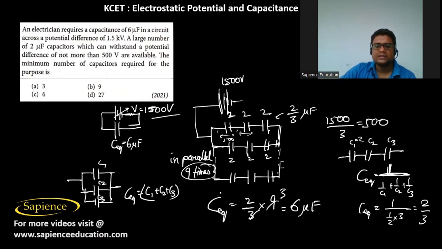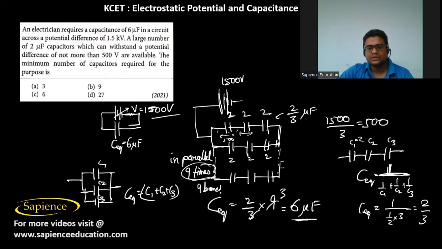So it means, how many minimum number of capacitors are required to achieve an equivalent capacitance of 6 microfarad? Here we have groups of 3 capacitors in each branch, and there are 9 such branches.